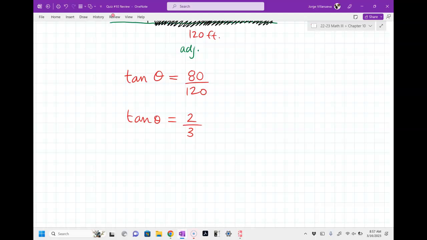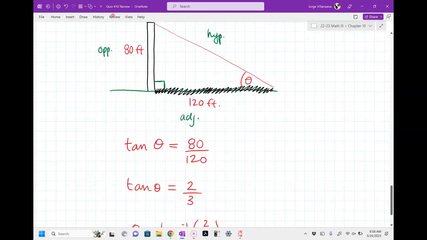To get theta by itself, we're just going to transfer the tangent over to the other side. So tangent inverse of 2/3, and then this is where you do depend on your calculator, right? So remember, to find your inverse, you're going to hit shift tangent. So shift tangent of 2/3. They didn't tell me, wait, did I write that nearest degree?